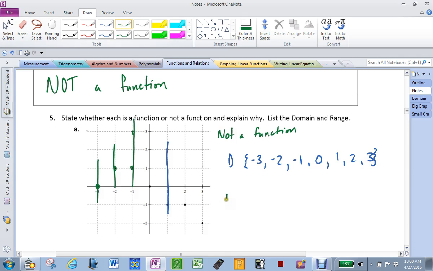Now, when I do my range, will I take the y value that goes with this? No, because I am not looking at ordered pairs. I am looking at the domain and the range. Does everybody understand? So, if in domain I started at the lowest value, where do I start with range?